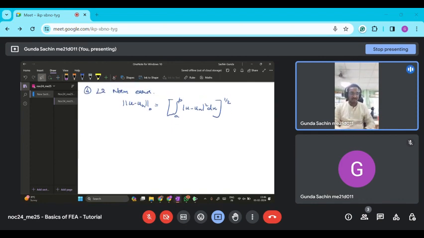Let's say the error is high and it is not within our tolerance, then we need to do the convergence study. For any numerical analysis, as you discretize more and more, you will reach the exact solution better. We call it convergence.